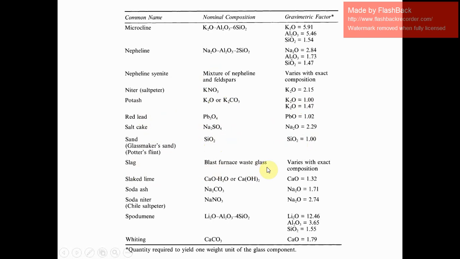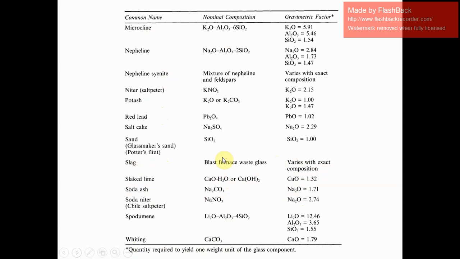Slag is blast furnace waste glass; its composition varies, so slag depends on the industry. Soda is the general raw material for Na2O. And whiting is lime, or calcium carbonate, limestone. So you have to remember these types of raw materials with their chemical compositions.